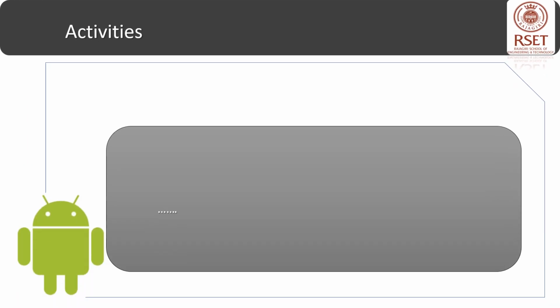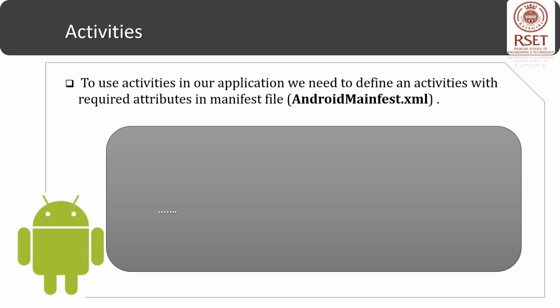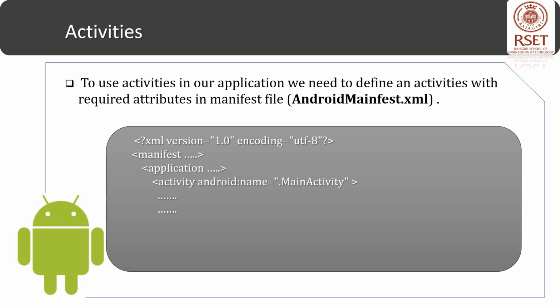Now let's discuss how we can define an activity in a manifest file. In order to use activities in our application, we need to define activities with the required attributes inside the manifest file. The Android manifest file is an XML file, so everything in that file is written in the form of tags. XML is Extensible Markup Language. Here I've included pseudocode showing the skeleton of the tags. Manifest is the outermost layer. Inside that we have the application.